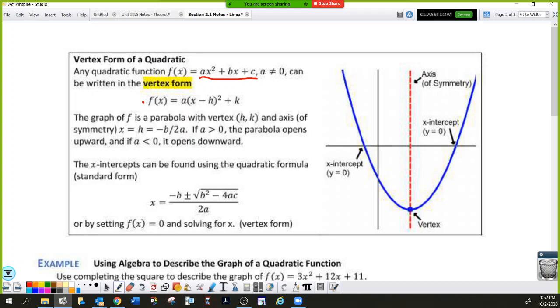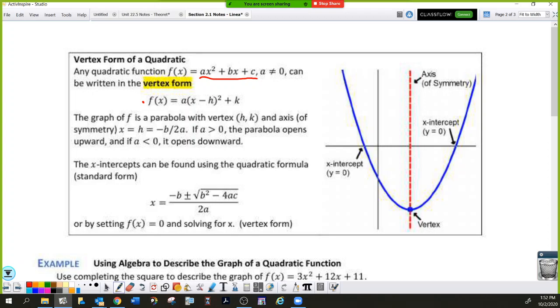But if it's not in vertex form, if it's in standard form, then that vertex is, oh, that's right, you got to do a little bit more work for it. So, okay, how do we do it? Well, in standard form, first what you would find is the axis of symmetry. The formula for that is x equals negative b over 2a. The reason why we would find that first is because the axis of symmetry always goes through the vertex.